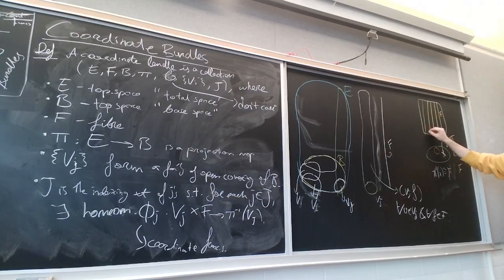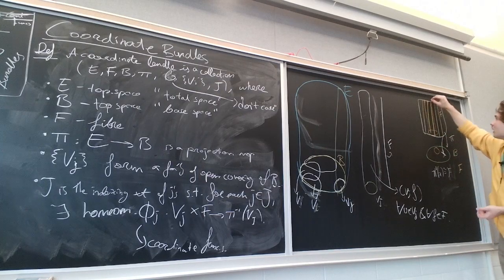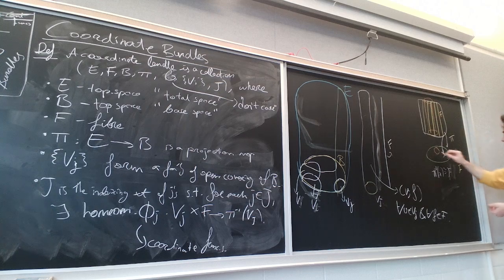Above it, if I have a U_i, the thing that's above it will look locally like just a simple product, but globally, the whole thing may not need to be a single product.